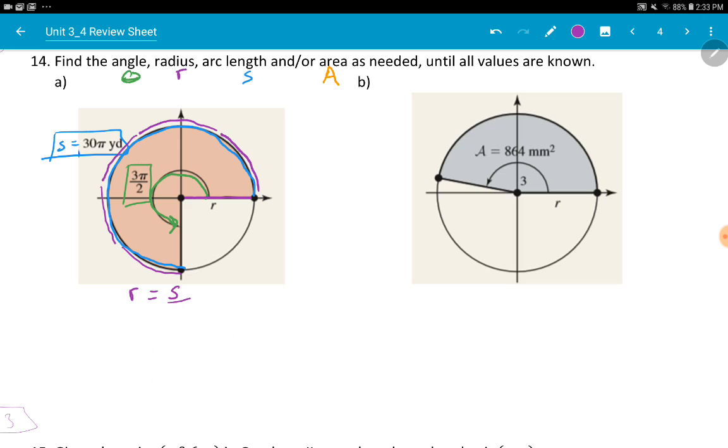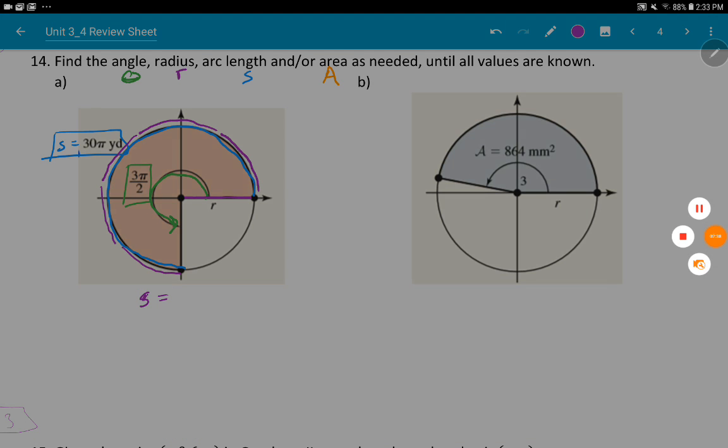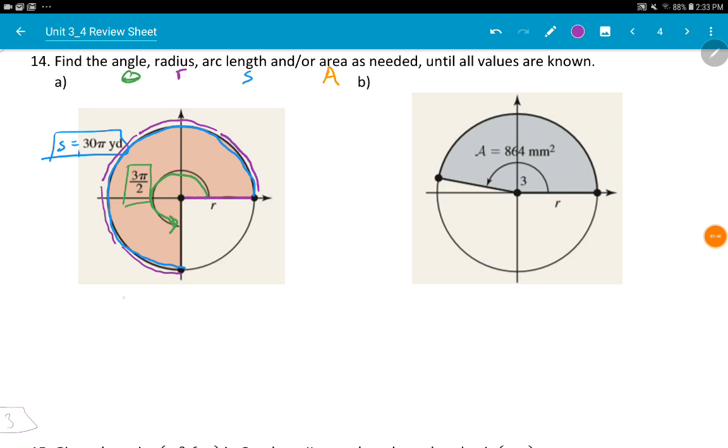Actually, I'll tell you how I was just thinking about it, because this helps me remember it. The angle is equal to how many radiuses fit into that arc length.